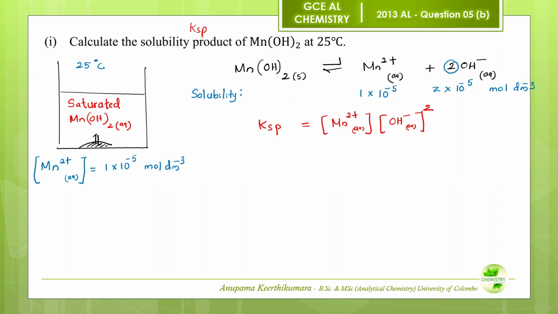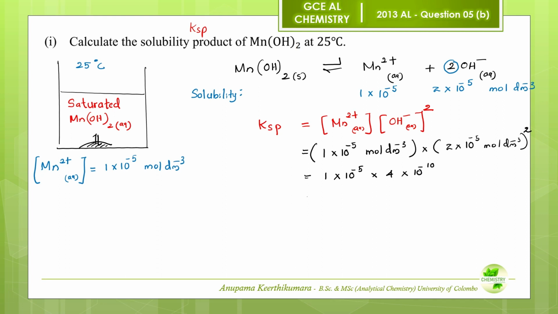Substitute values. Manganese 2 plus concentration 1 times 10 to the negative fifth moles per cubic decimeter times hydroxide concentration 2 times 10 to the negative fifth moles per cubic decimeter, power 2. 1 times 10 to the negative fifth, then 4 times 10 to the negative 10th.